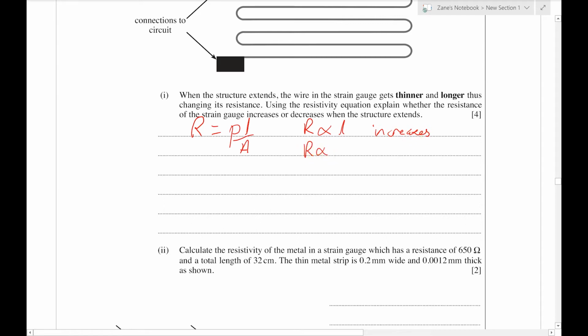If everything else was constant, in other words the resistivity and the length are constant, then resistance is proportional to 1 over A. So as the area decreases, we can see that the resistance increases. So perhaps I'll go back to that previous bit. I'll just say L increases, so R increases as well. Now you notice that both factors lead to an increase in resistance.